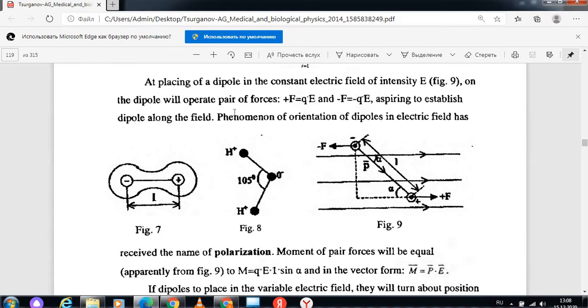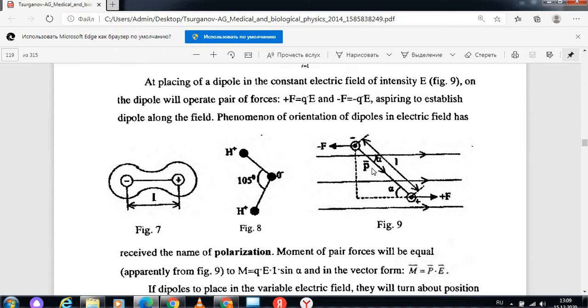The moment of the pair of forces will be equal. You could see it in the picture here because we have the same Q, the same charge, and the same vector E in this field.